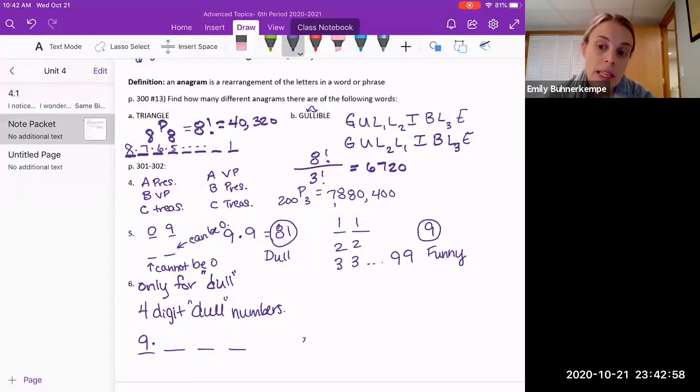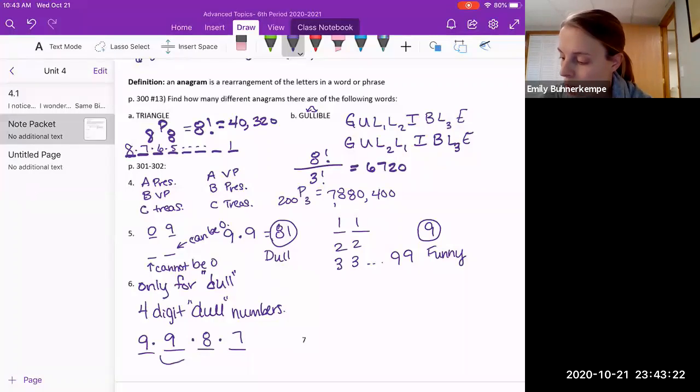Because we cannot repeat, the next digit could be any number 0 through 9, but it cannot be the same as the first digit, so there are 9 choices here. The next digit cannot match the first 2, so this has 8 choices. And then similarly for the last one, we have 7 choices.